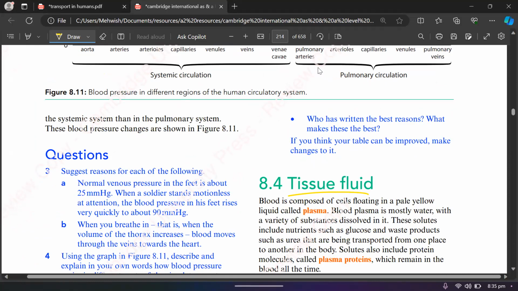Because first of all, we need to understand what we mean by tissue fluid, right? Tissue fluid is basically, wait, let me open my whiteboard so that I can define the term tissue fluid, right?